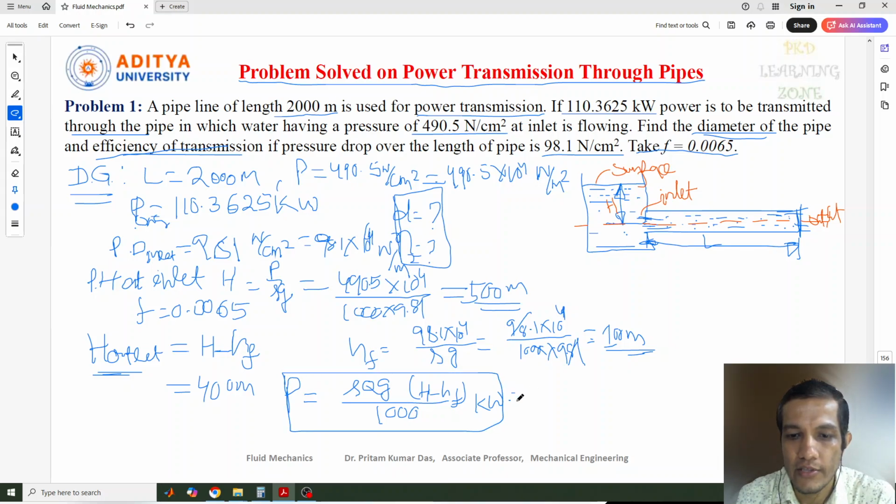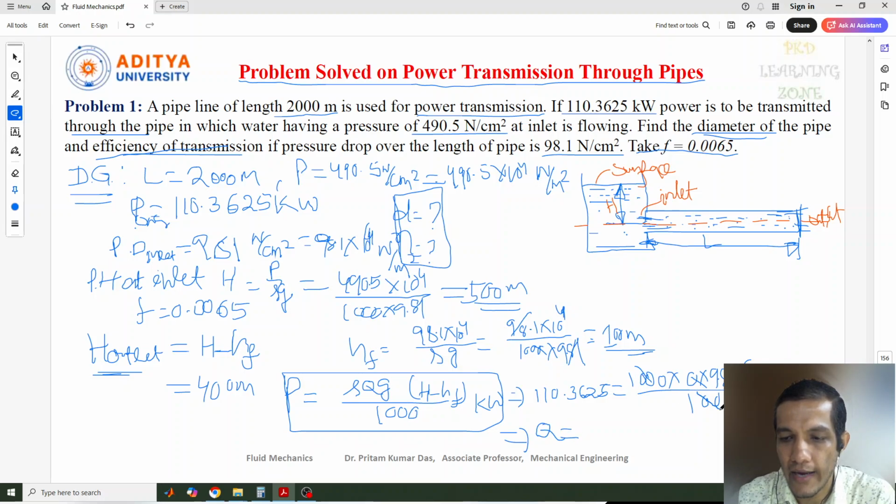Now we can put in the values: the power transmitted was given as 110.3625, rho is 1000, Q is not given so we keep it as Q, g is 9.81, and H minus HF we already got, 400, divided by 1000. Here only Q is unknown, the remaining values are known to us.